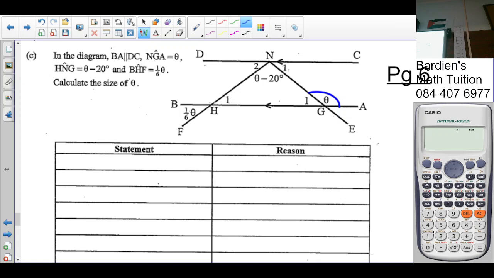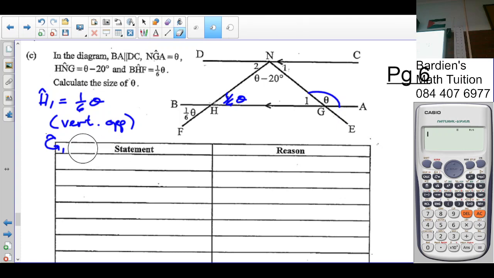So we said that H1 is equal to 1/6 theta, and the reason there, vertically opposite angles. So that's 1/6 theta. Then we said that angle G1 is equal to, remember these are angles on a straight line. So angle G1 plus theta is equal to 180. The reason?